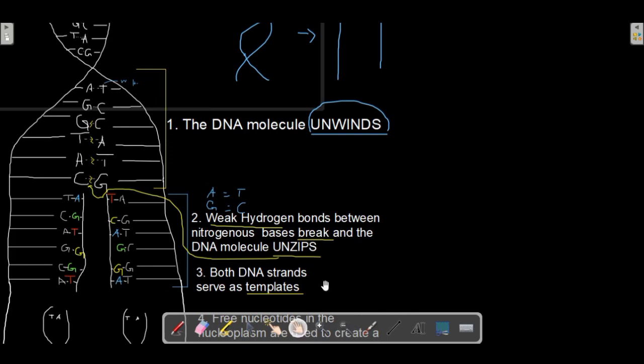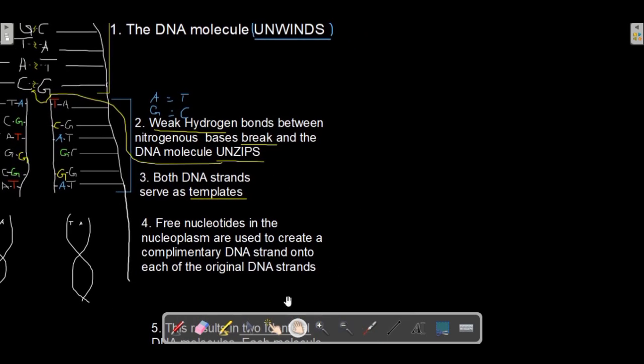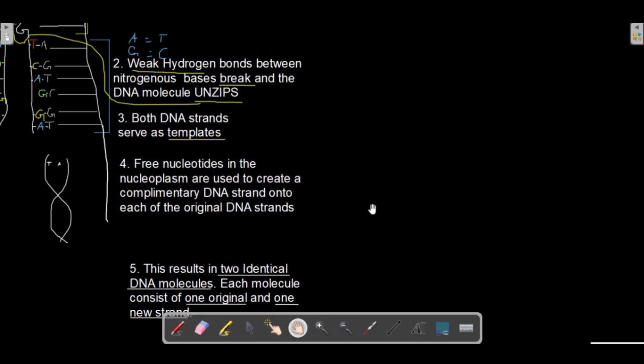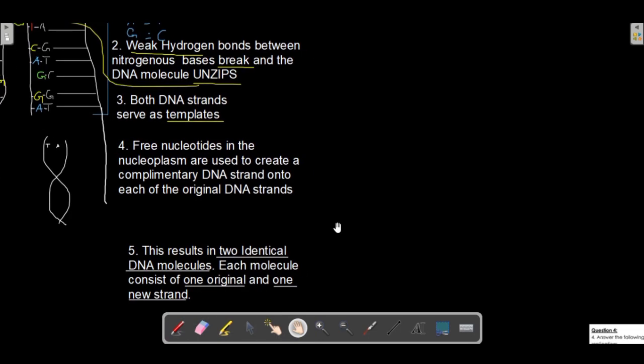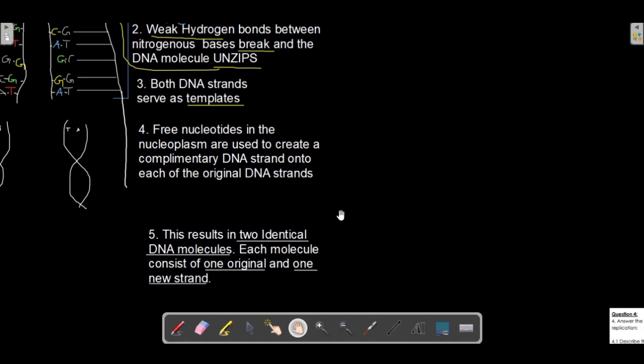The DNA unwinds, weak hydrogen bonds between nitrogenous bases break, and the DNA molecule unzips. Both DNA strands serve as templates. Free nucleotides in the nucleoplasm are used to create a complementary DNA strand onto each of the original DNA strands, and this therefore results in two identical DNA strands.